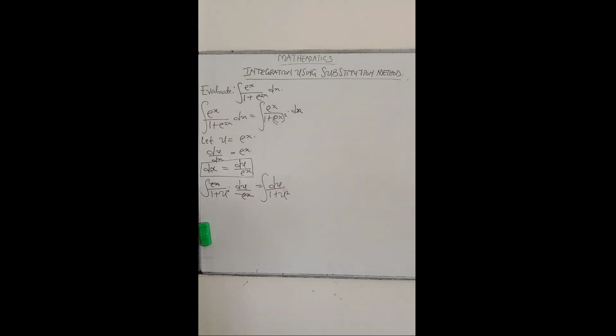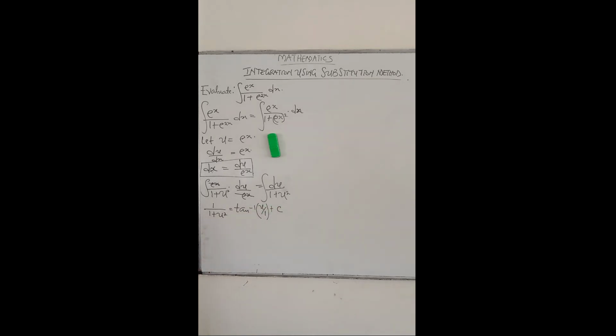So please take note of this. When you have a question like this, using the rules of integration, when you have 1 over 1 plus x squared, here I'm having u squared, it is going to be equal to arctan, the inverse of tan of u, plus c.